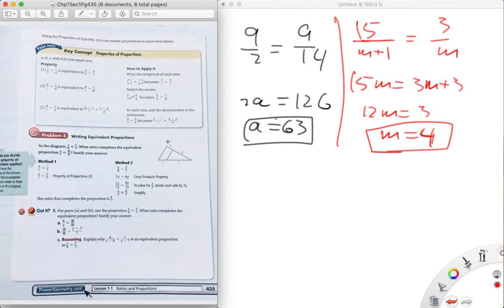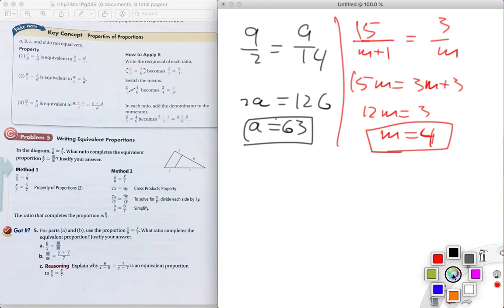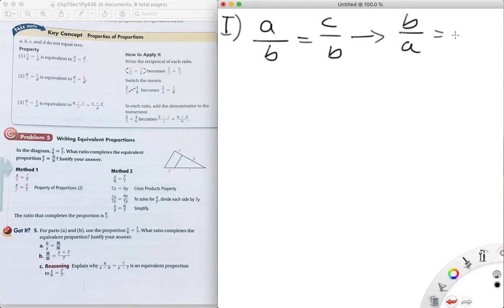Alright, properties of proportions. There's 3 of them. Property number 1. If I have a proportion, I can do the inverse or the reciprocal of both of the fractions. So I'm going to switch the sides. So now B is going to be on top, A is going to be on the bottom.